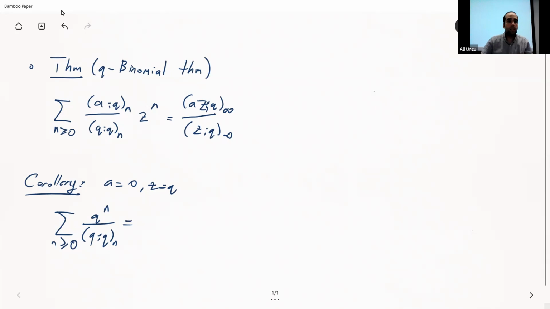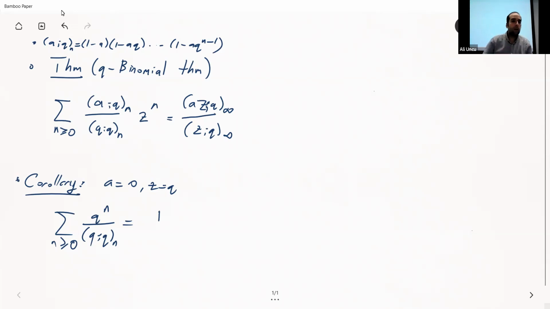The product is, if I should remind you, (a;q)_n is (1 minus a)(1 minus aq), all the way to (1 minus aq to the power n minus 1). And if n is infinity, this tail just goes to infinity, right? And if a is 0, all you get from these parentheses are just ones each.